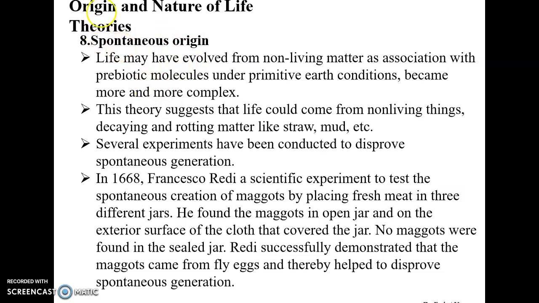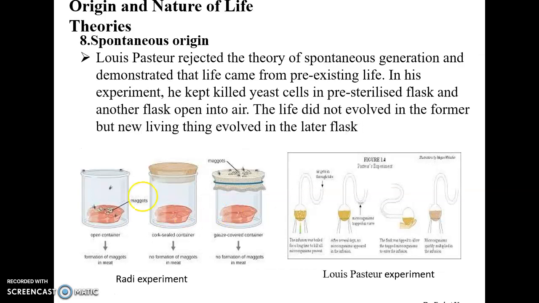To test this theory, a scientist, Francesco Redi, in 1668 tested the spontaneous creation of maggots by placing fresh meat in 3 different jars. Here is Redi's experiment, and he tried to prove whether the spontaneous origin theory is correct or not, and according to his experiment that theory was not correct.